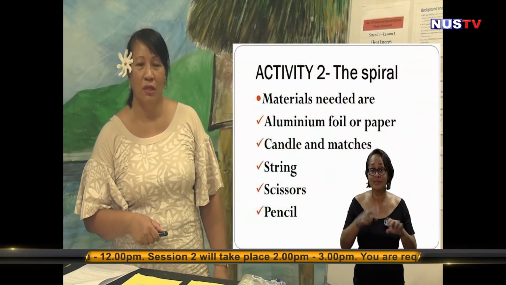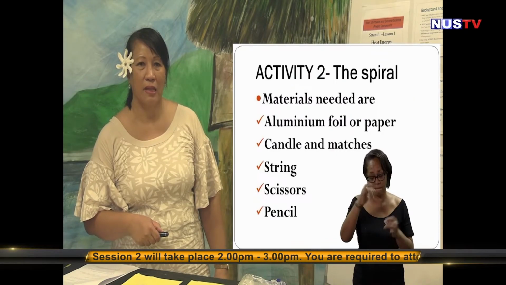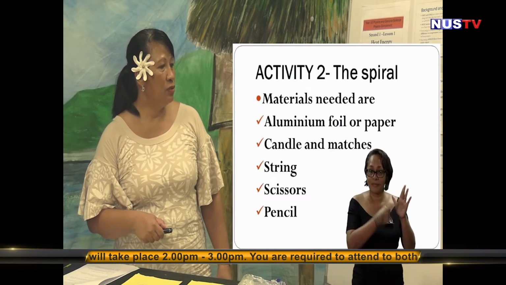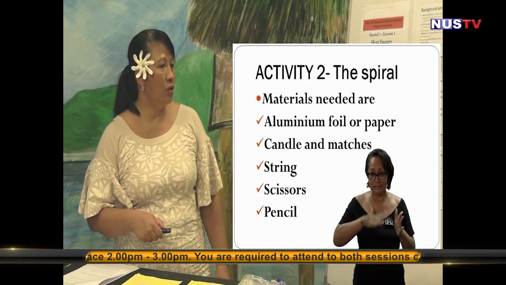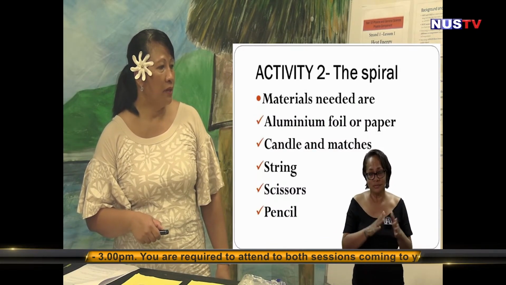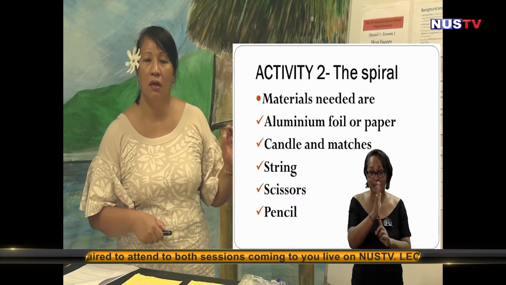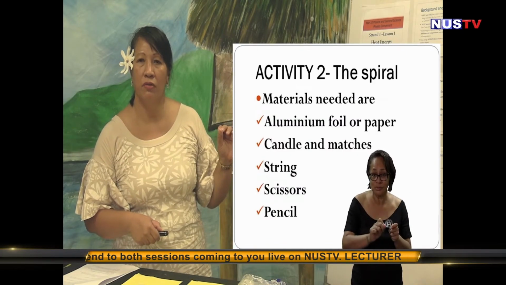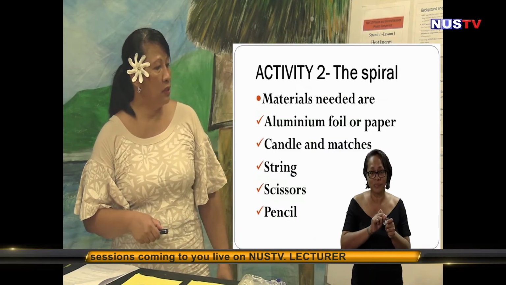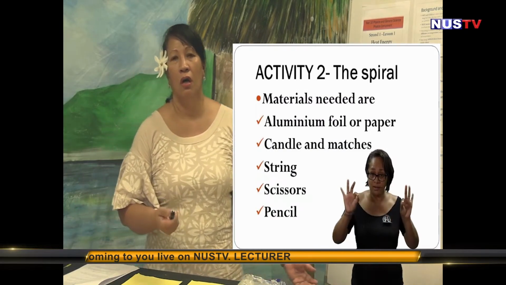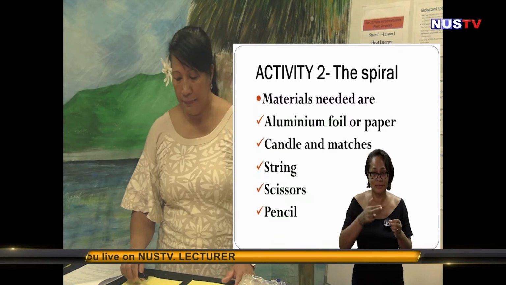Activity 2 is called a spiral. Materials you need are aluminium foil or paper, candles and matches, string or even thread, scissors, cellotape, pencil or crayon.